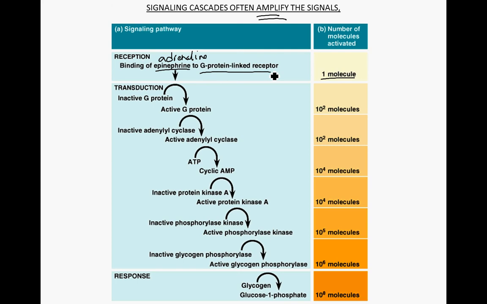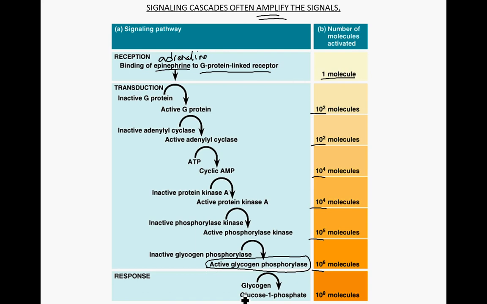And this phosphorylation cascade, you can see here, is being amplified as we go on down the line. So all of these enzymes becoming activated will amplify the number of molecules down here that are activating this glycogen phosphorylase. And this glycogen phosphorylase is the enzyme that is breaking down glycogen into glucose 1-phosphate.